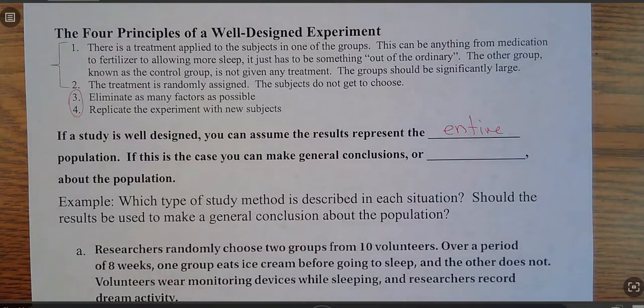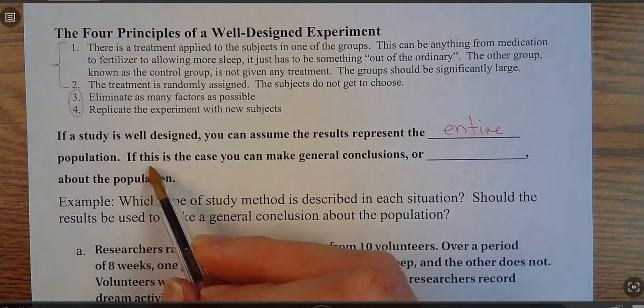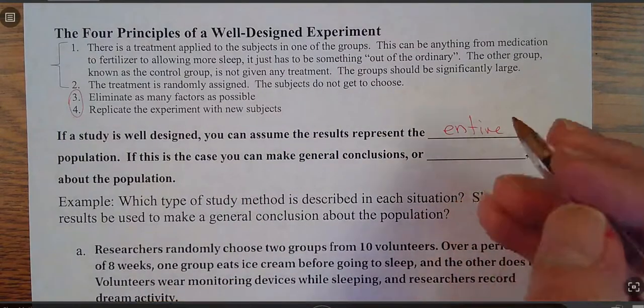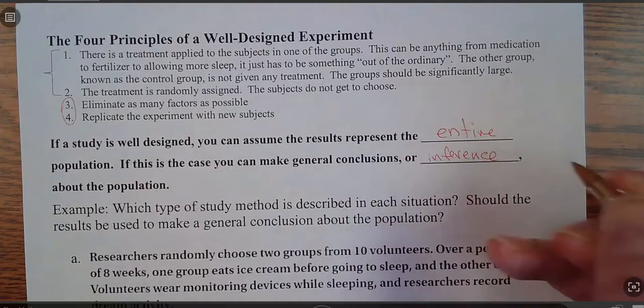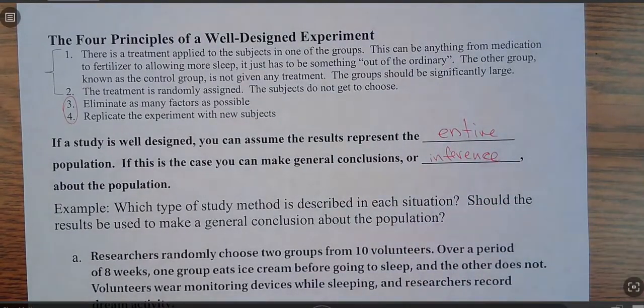If this cholesterol medicine helped the men in your study from ages 30 to 40, it probably helps all men from ages 30 to 40, and so on. So if this is the case, you can make general conclusions or inference. So inference is like inferring that it applies to the whole population. So if it's a good study, inference would say, yes, it's good for everybody, if it's a well-designed study.